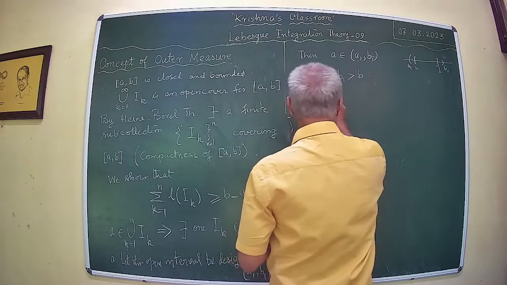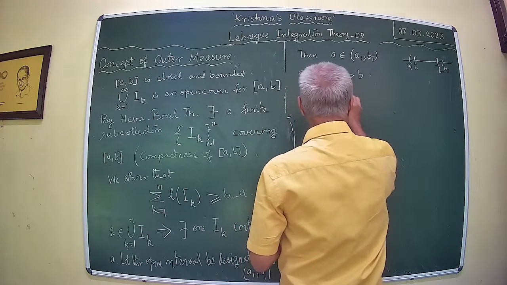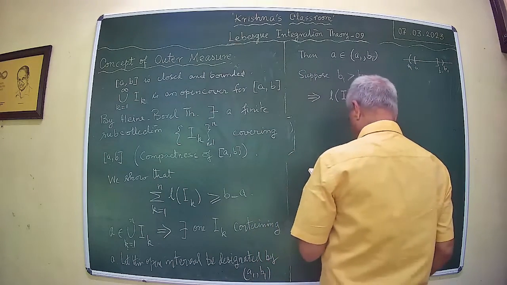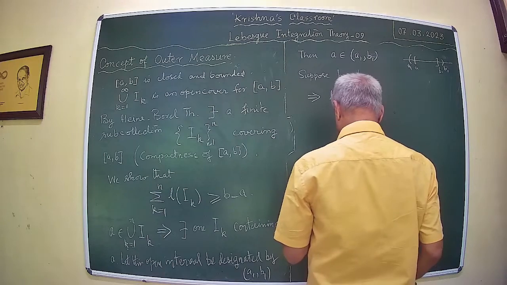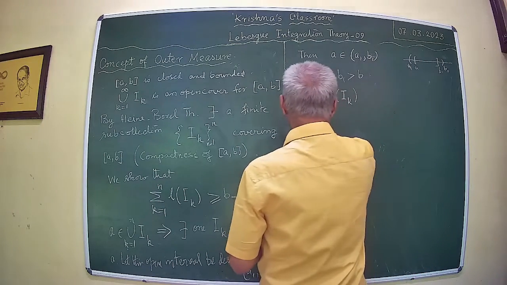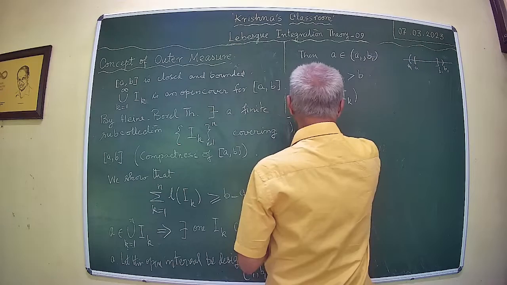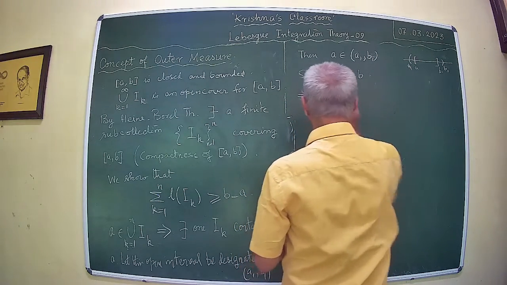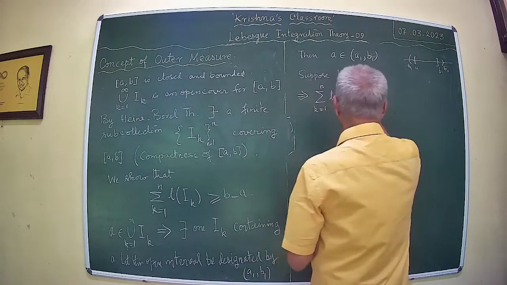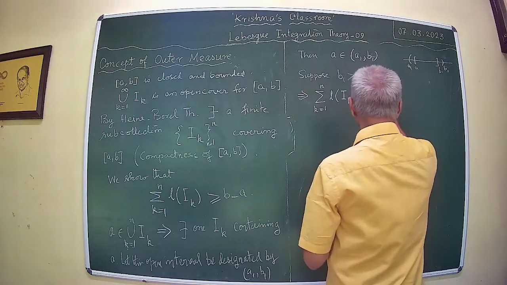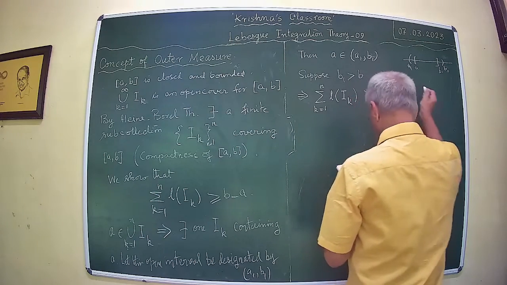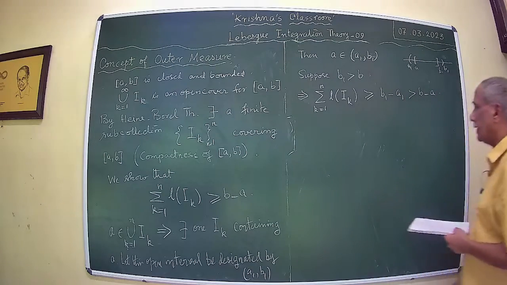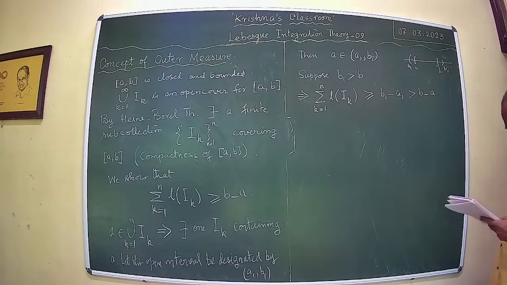This implies the length of I_k is greater than or equal to B1 minus A1, which is certainly greater than B minus A. Therefore, in that case, the inequality is valid.